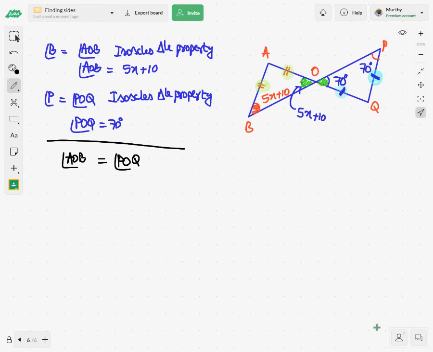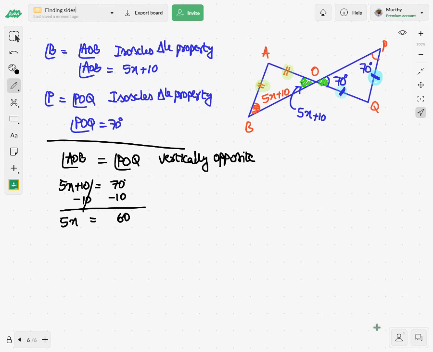Why are these two equal? Because vertically opposite angles are equal. Therefore, AOB equals 5x plus 10, and POQ is 70 degrees. By inverse operation, take away 10. 5x is 60. You know how to isolate x. So the value of x is 12. Okay.